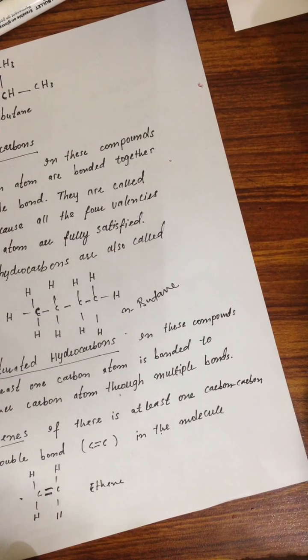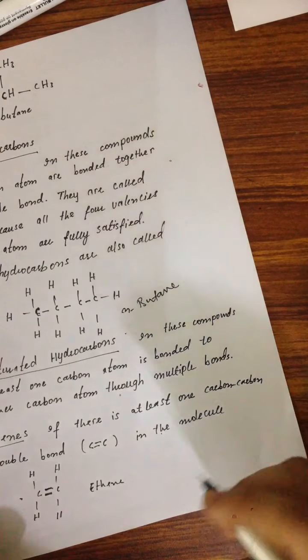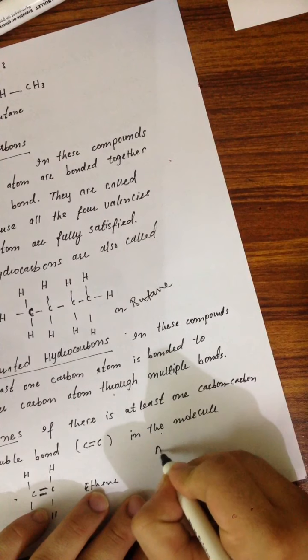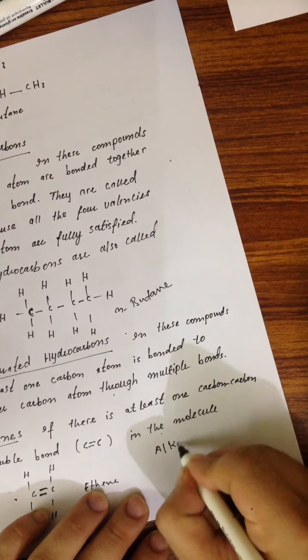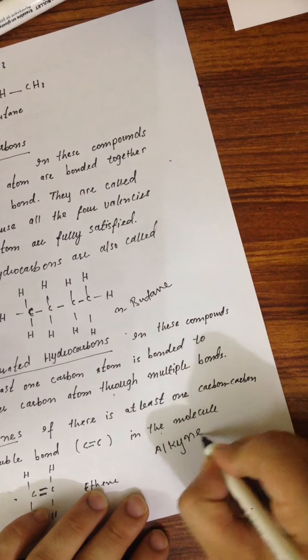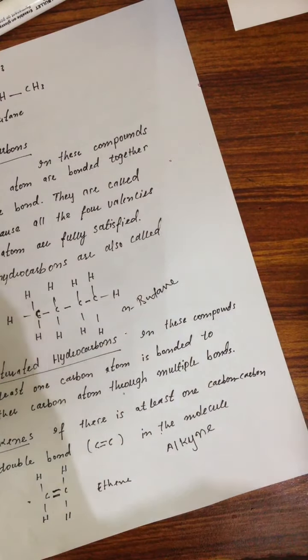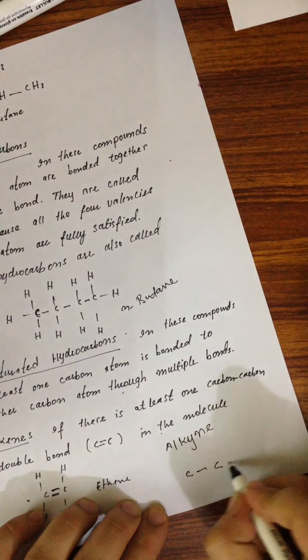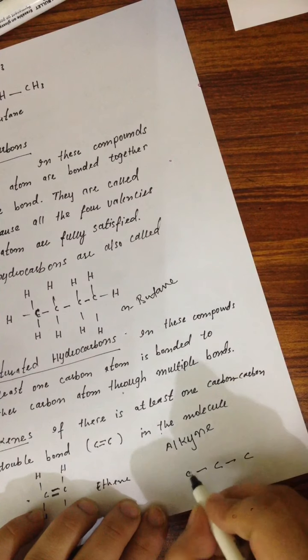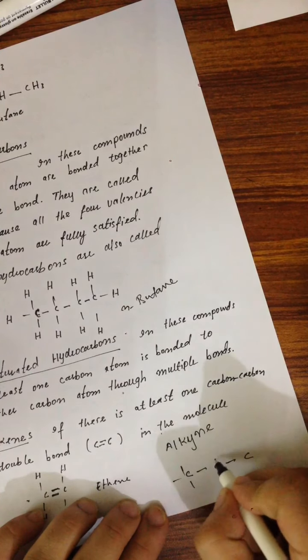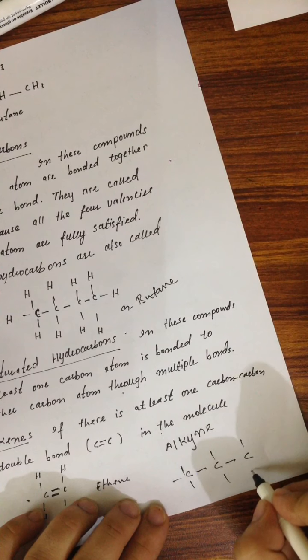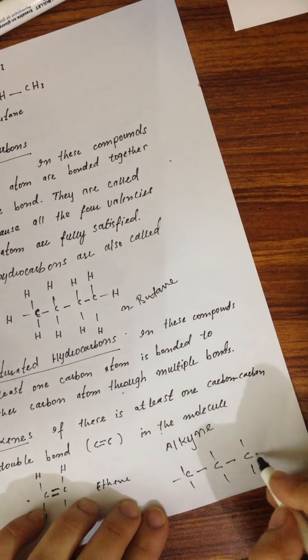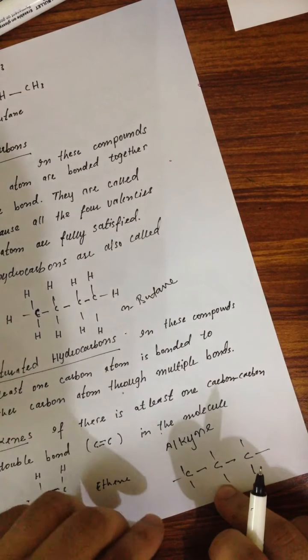Another type of hydrocarbons is alkynes. I have forgotten to write them, so I'm going to write this now. Alkynes. In alkynes, there is at least one triple bond in the molecular skeleton. For example, you can have this here. This is an alkane.